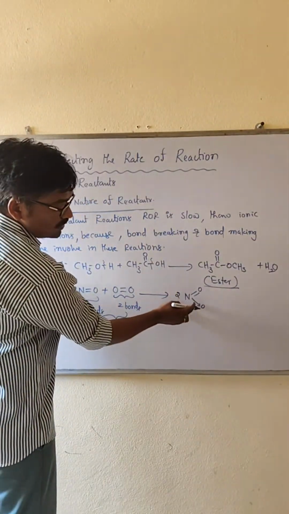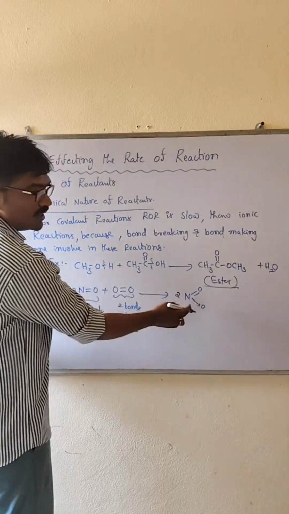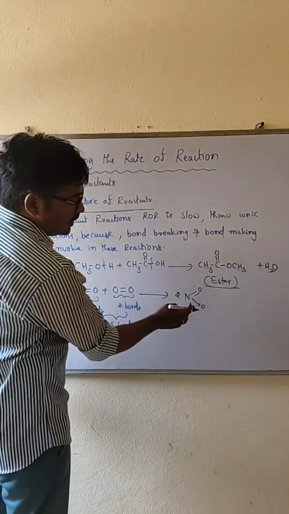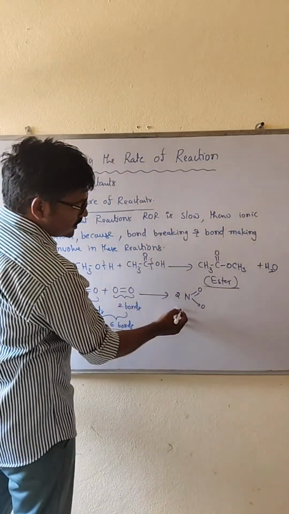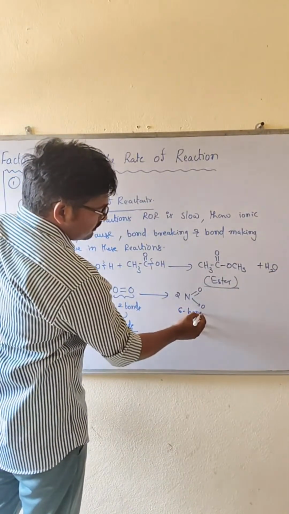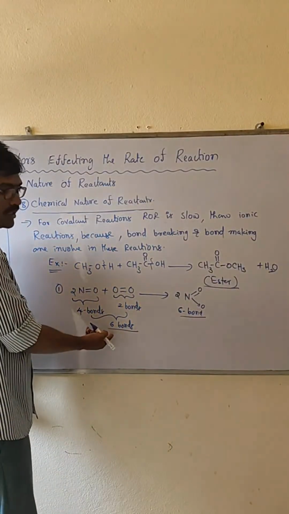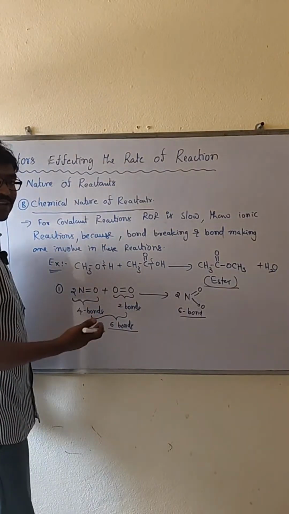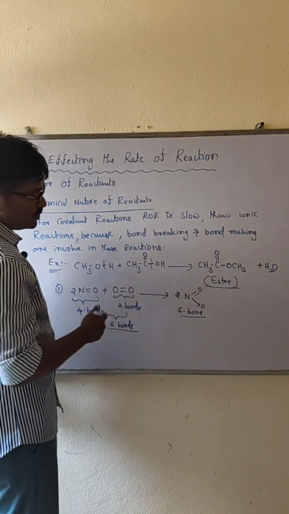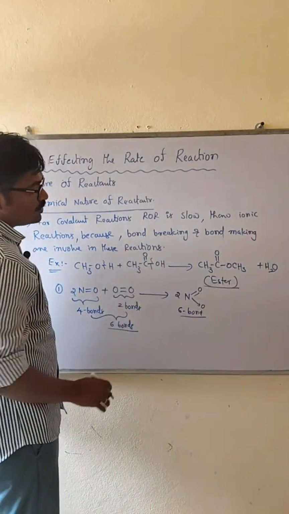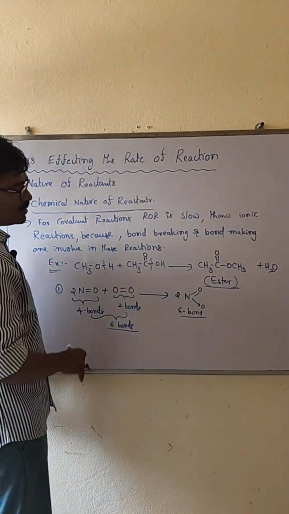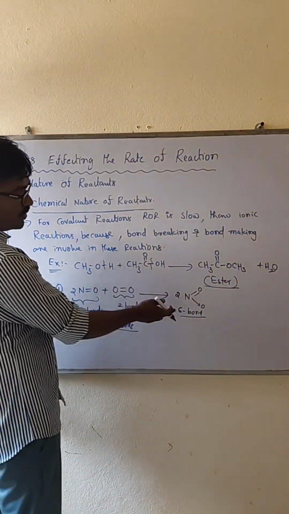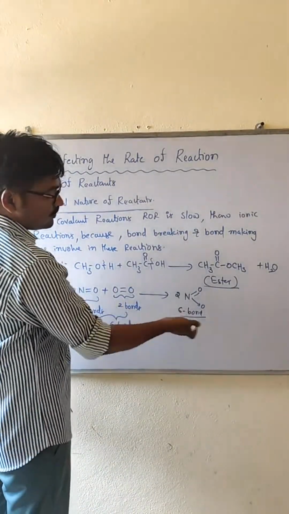In each NO2 molecule 3 bonds are there, 2 bonds here and 1 bond here. There are 2 molecules, so 3 bonds into 2 molecules, totally 6 bonds are formed. Here 6 bonds are breaking and 6 bonds are making. So the rate of reaction is very slow. This is a slow reaction when compared to the above one. There only 2 bonds are breaking and 2 bonds are making, but here 6 bonds are breaking and 6 bonds are forming.